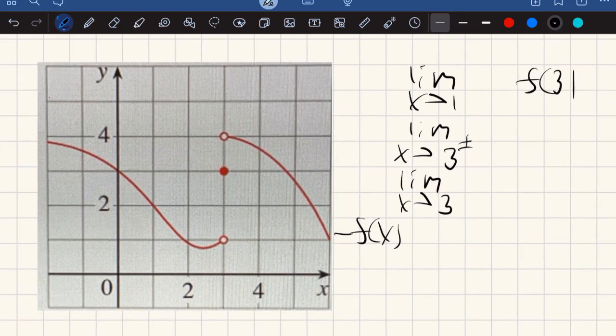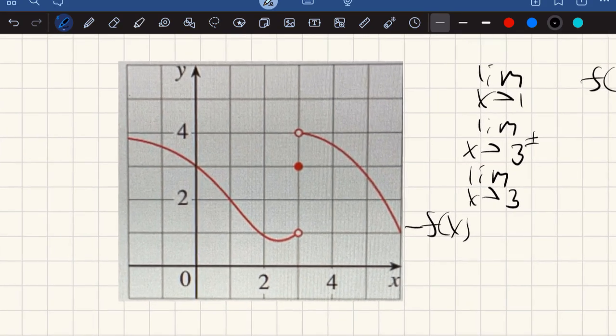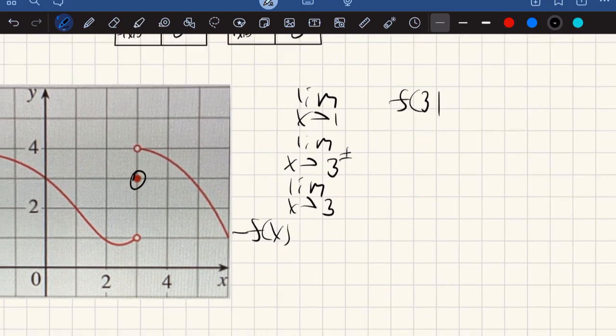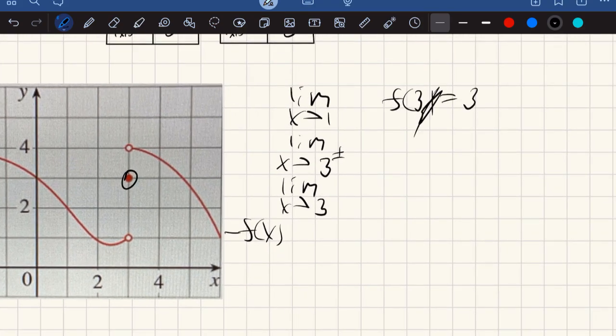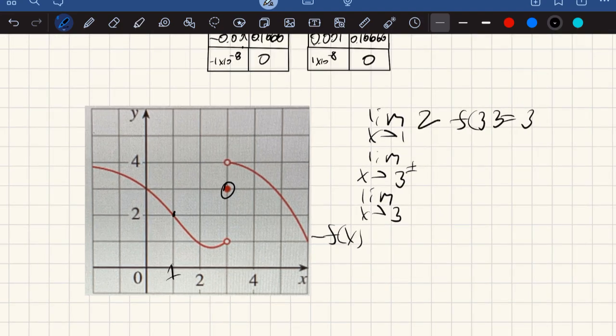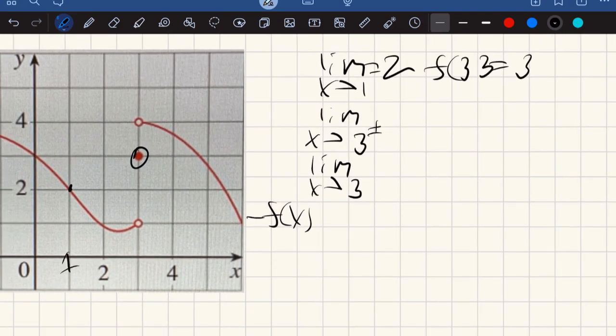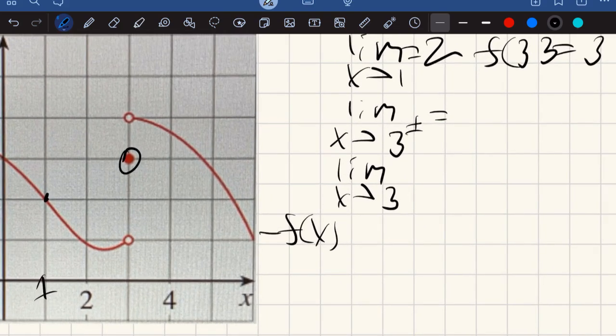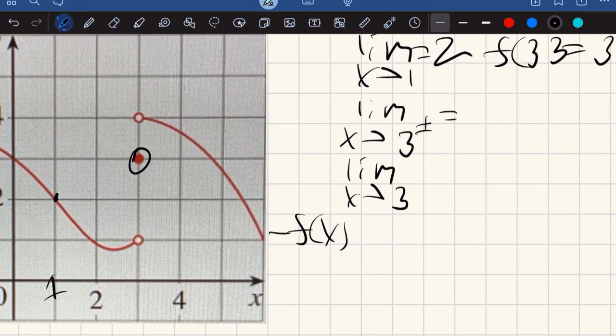So let's start with f of 3. For f of 3, we have this bold dot here, so it's just going to be 3. The limit as x approaches 1, it's right here, we get 2. Okay, left and right, let's do the positive one first.